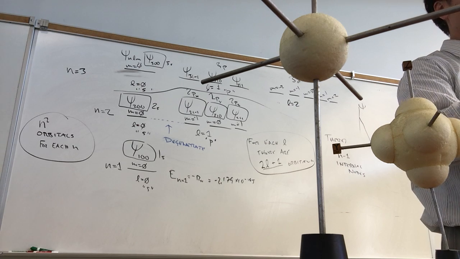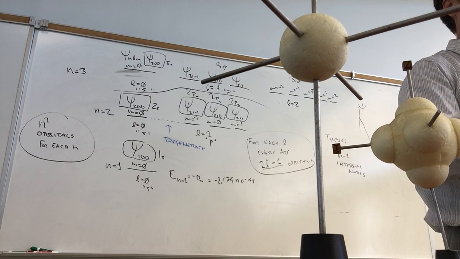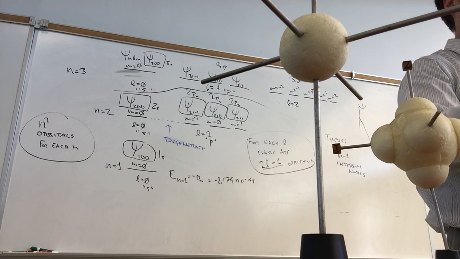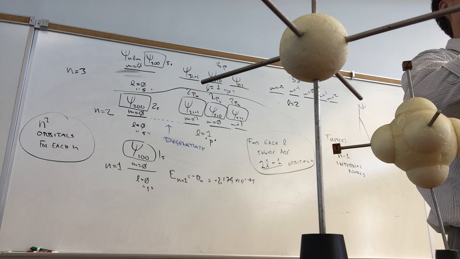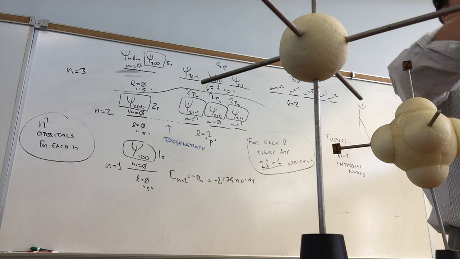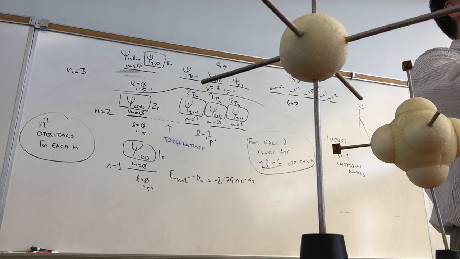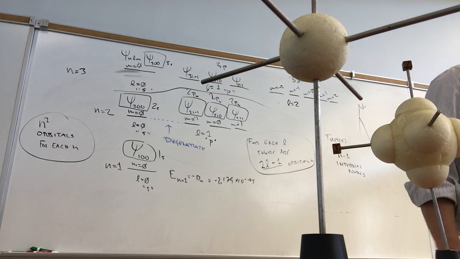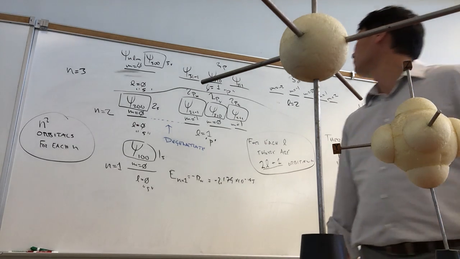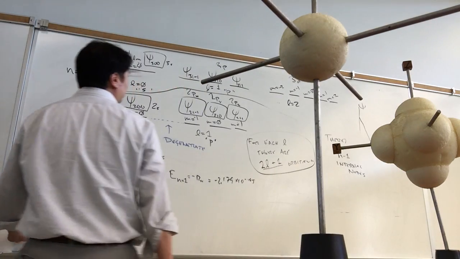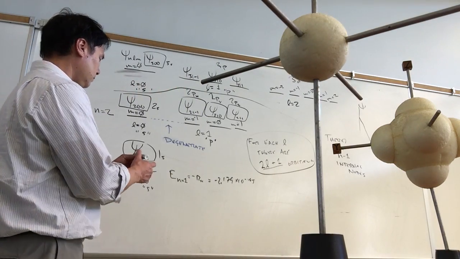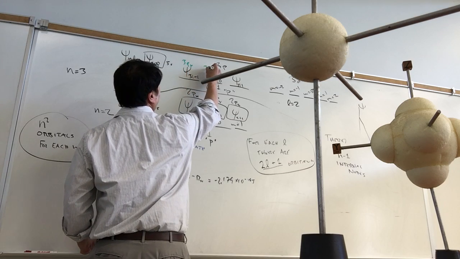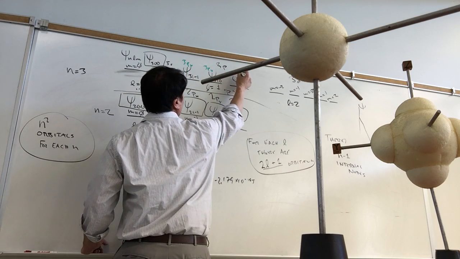All right, this is also a d orbital, but this one doesn't have two planar nodes. This one has conical nodes. A conical node here and a conical node here. And so these cone nodes. We have this d. You don't have to do this, but we could, for example, label this 3px, 3py, 3pz.